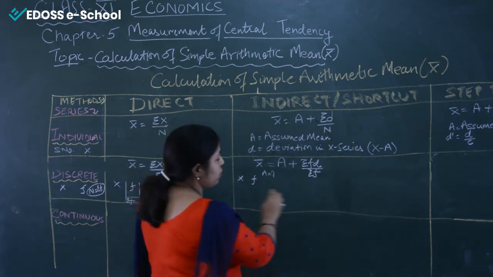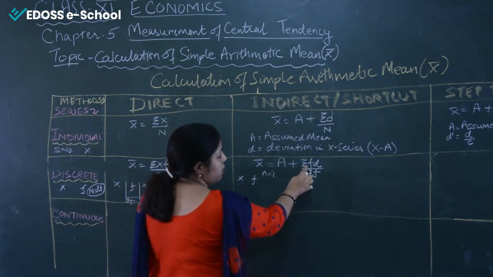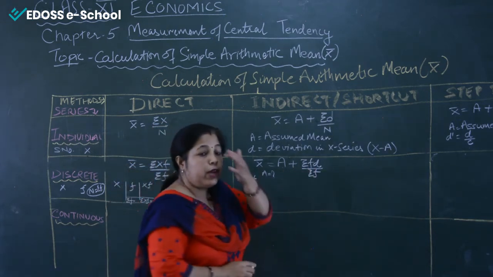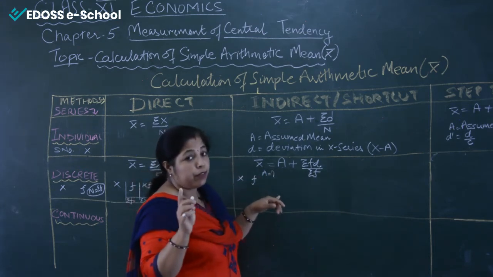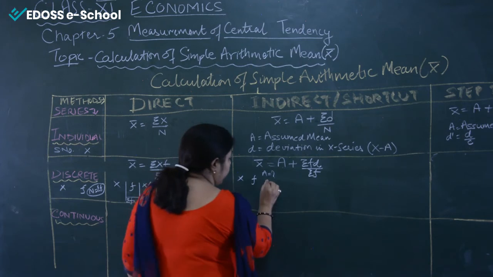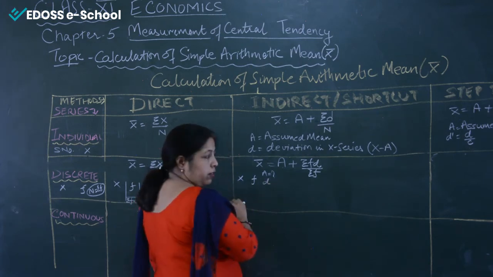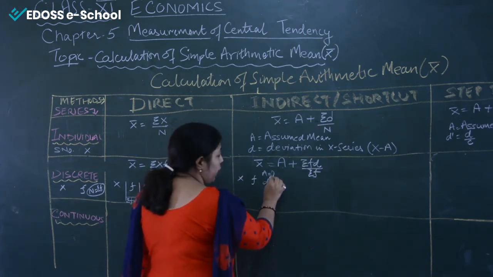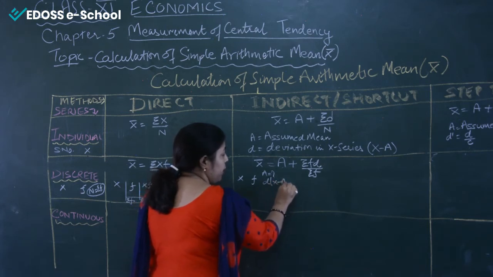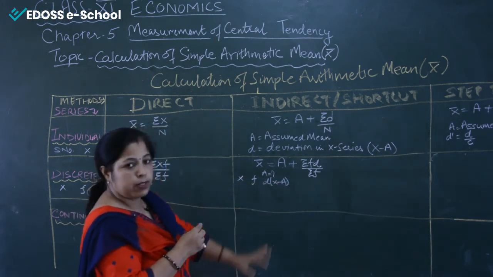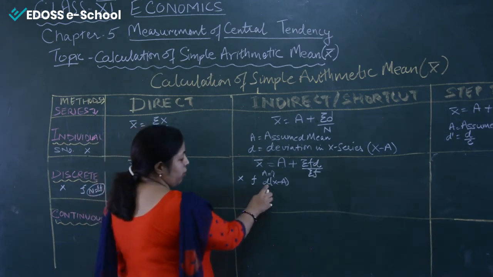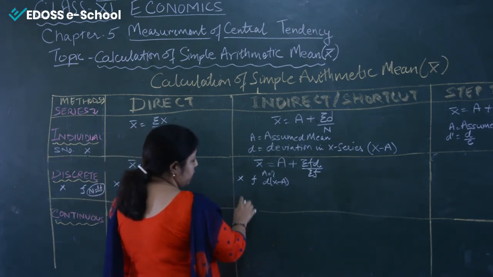After that, see, here it is summation FD. It means we have to take the total of F and D. F we have, but we don't have D. So we will calculate D here. As I told you previously, how to calculate D? By doing X minus A. The method and the abbreviations are going to be the same everywhere. So we will do X minus A. X is this.